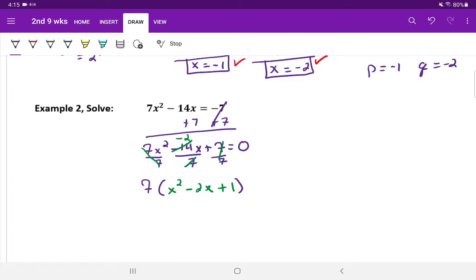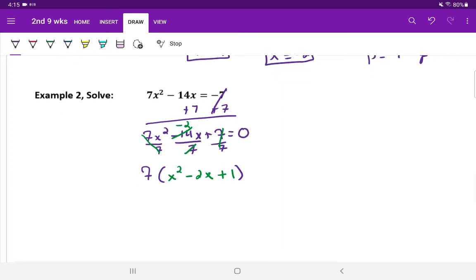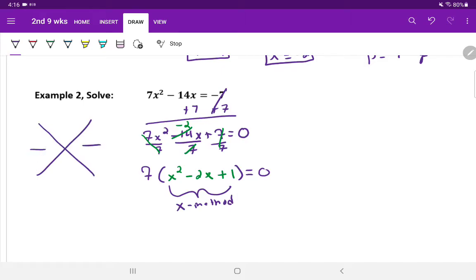Now that we have this, all we're going to x method is this inner part. That's step 3. We can now x method. Remember, that is still an equation; it must equal 0. So let's do that x method real quick over here. In this case, we have a equal to 1, b equals -2, and c equals +1.